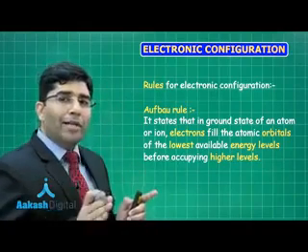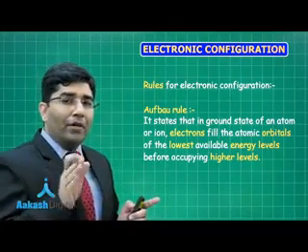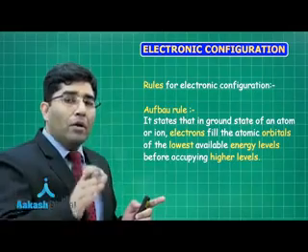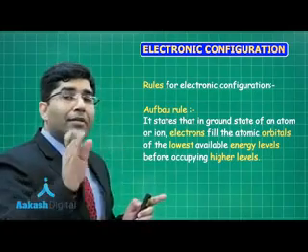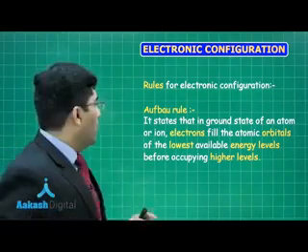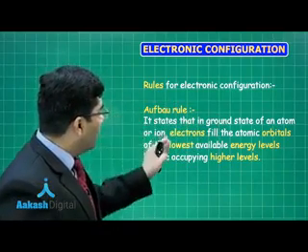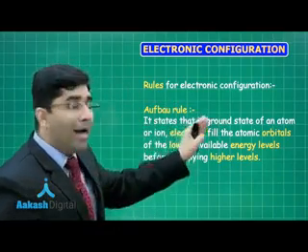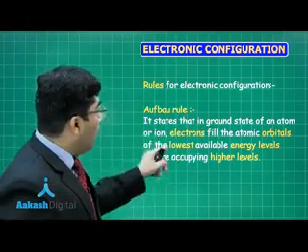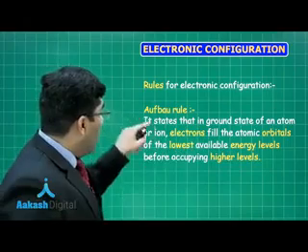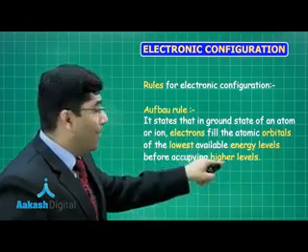Now this rule says that if we are doing the configuration of any element, then we should fill the lower energy level first, then the higher energy level. It states that in the ground state of an ion or an atom, electrons fill the atomic orbitals of the lowest available energy levels, then the higher energy levels.